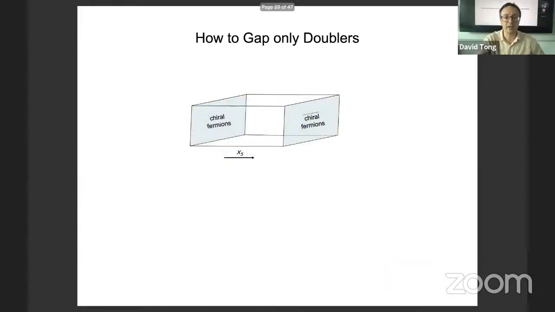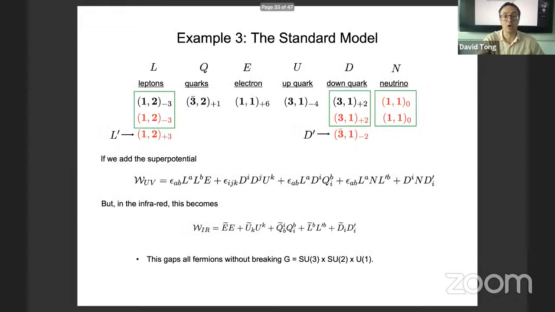But in the supersymmetric theory, they're actually Yukawa terms rather than 4 Fermi. So they're marginally irrelevant, but yeah, they're Yukawas. It's a cubic superpotential.